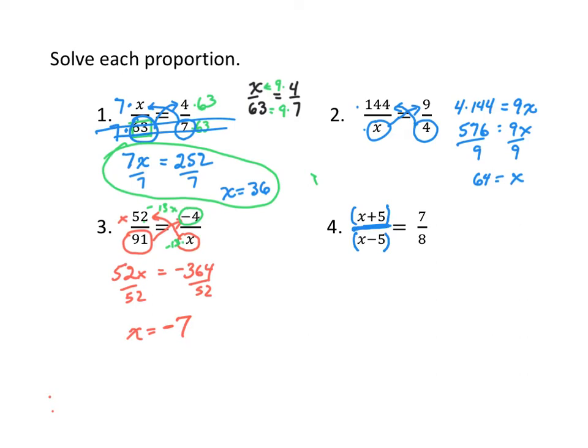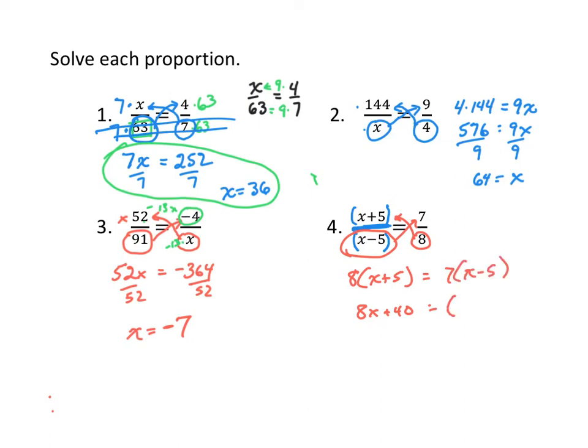So when we take this denominator times the opposite numerator, it's going to be 8 times (x plus 5), which is 8x plus 40. And when we multiply this denominator times this numerator, it's going to be 7 times (x minus 5).